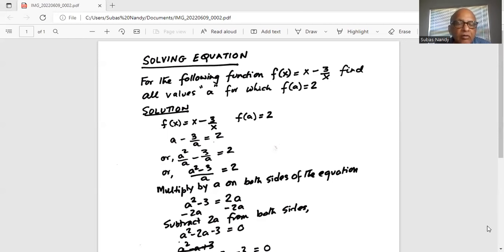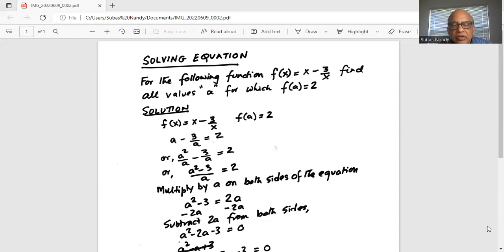Now I multiply by a on both sides of the equation. So when I multiply by a on both sides of the equal to sign, on the left hand side, a in the numerator cancels with a in the denominator, and I get a square minus 3.